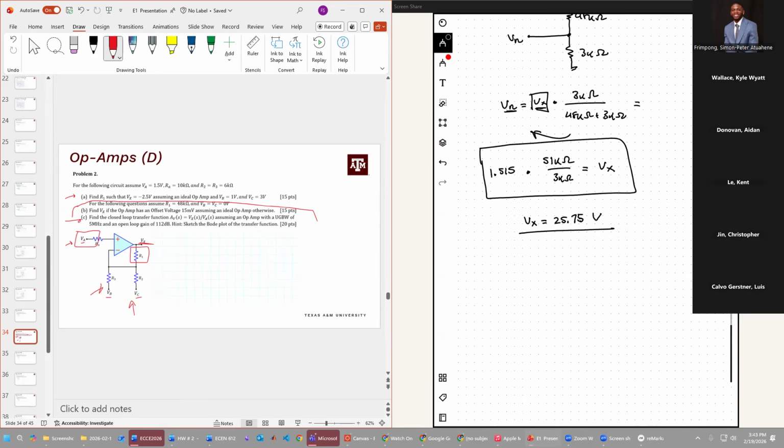So it seems when V offset is positive, and I think that makes sense too because our positive terminal, right? If we assume there's an internal source here, if this source is positive, then it's going to be leaning towards the positive terminal.